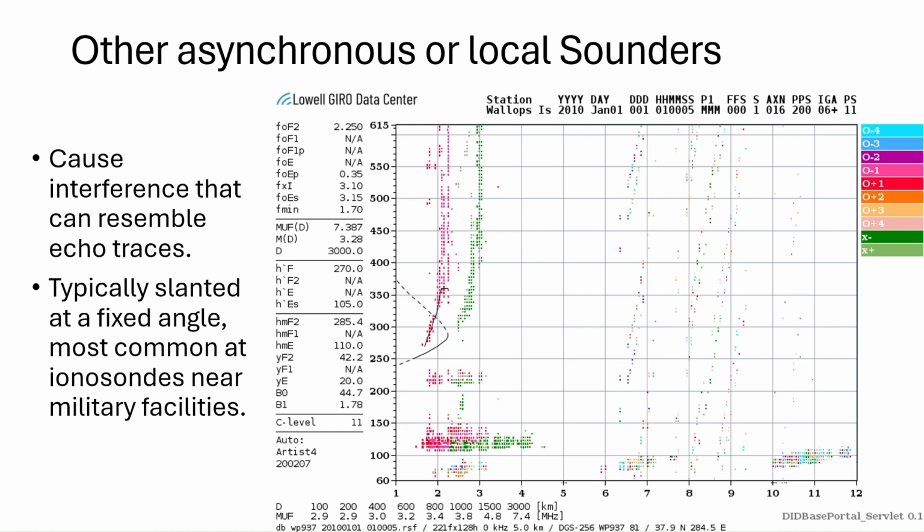These are again all just signals that are getting into the ionogram by virtue of a nearby military sounder or communications system. In the high latitudes, very often the Coast Guard will create these very long diagonal structures all the way through your ionograms, which are a bit annoying.